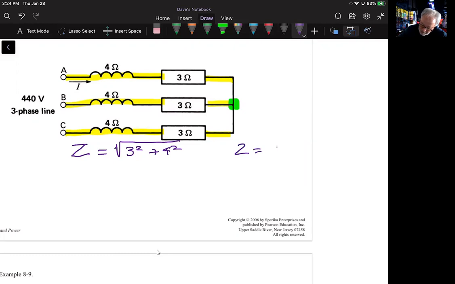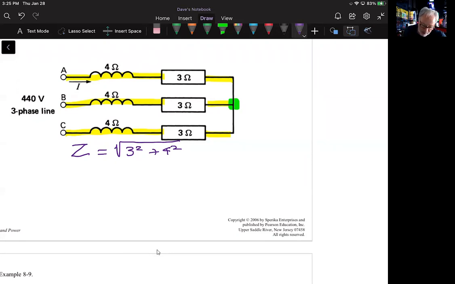This is a combination of impedances. So that's what we're trying to figure out here. We can't add them directly. They have to be added as vectors, right?